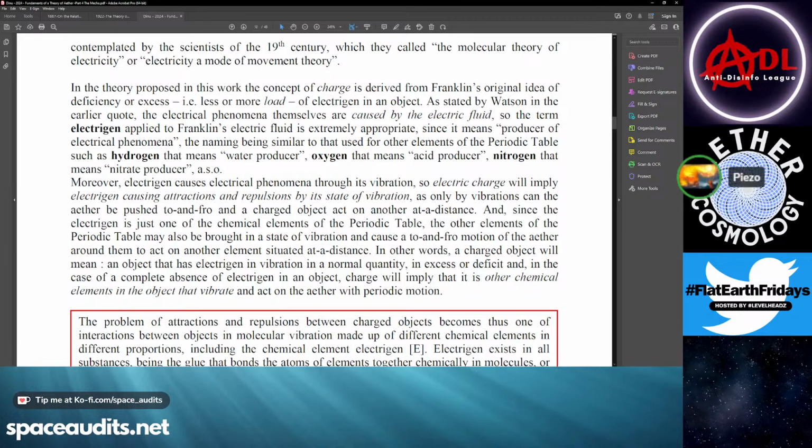So the term electrogen applied to Franklin's electric fluid is extremely appropriate since it means producer of electrical phenomena, the naming being similar to that used for other elements of the periodic table, such as hydrogen, that means water producer, oxygen, that means acid producer, nitrogen, that means nitrate producer, and so on.